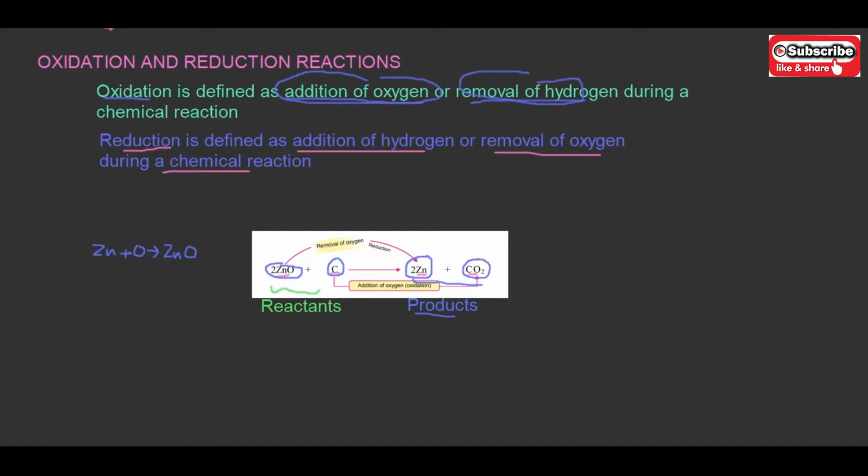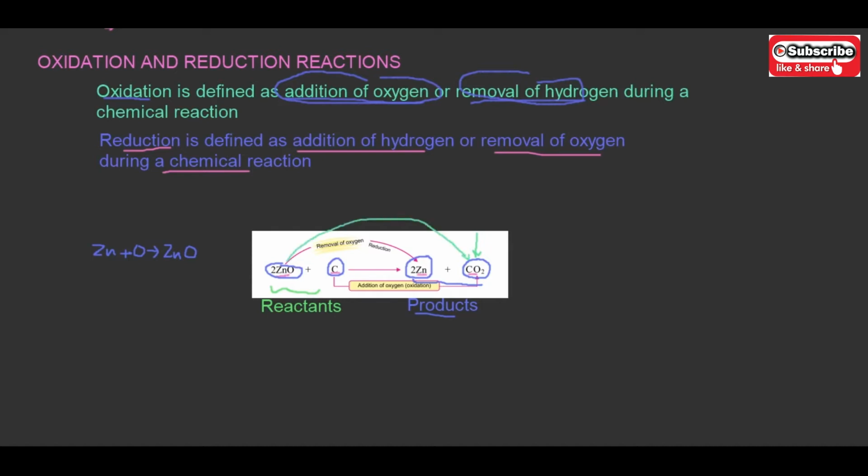So now the question is, from where did this carbon dioxide in the product side get its oxygen atom? Definitely this carbon atom has gained an oxygen atom from zinc oxide.